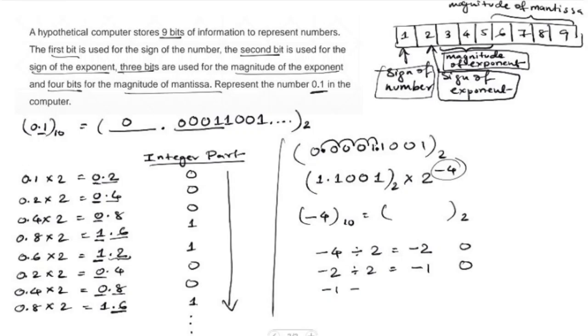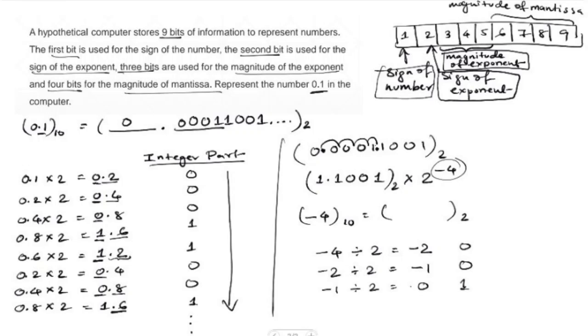Then minus 1 divided by 2, and this time the quotient is 0, or you can say minus 0, and the remainder is 1.